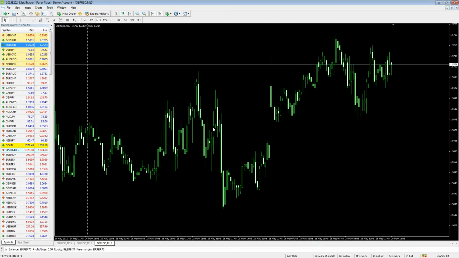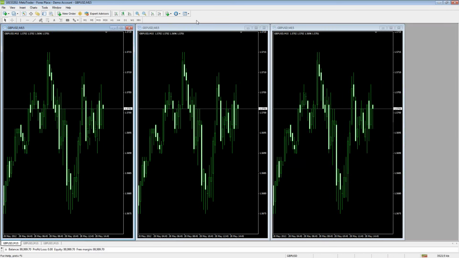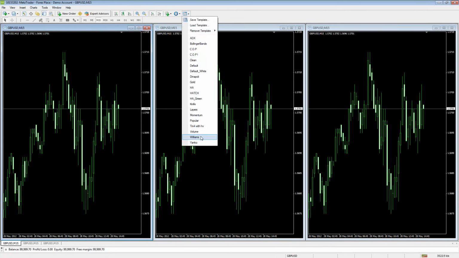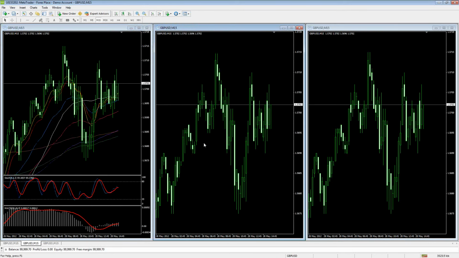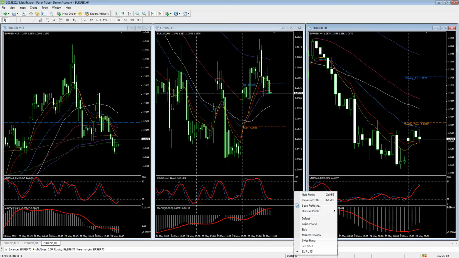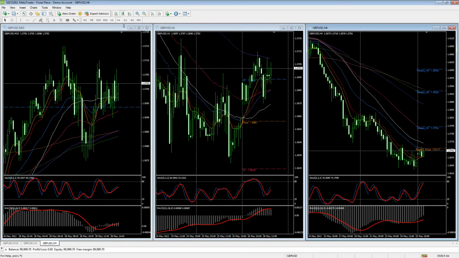I'll just go to the pound dollar. Oh, strange. Okay. Sorry. So you can always reapply the templates you want, and it should save them under the profile. Let's see now, euro dollar, and let's go back to the pound dollar. Okay, now it's okay. Just change the time frames.